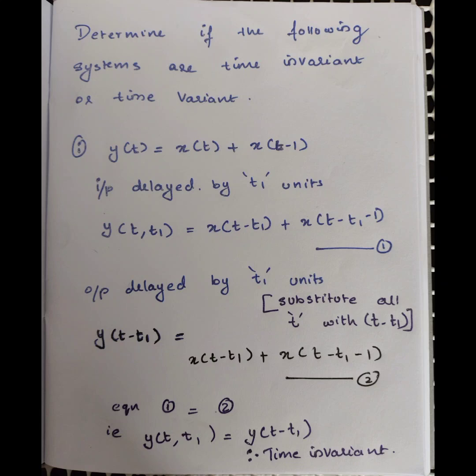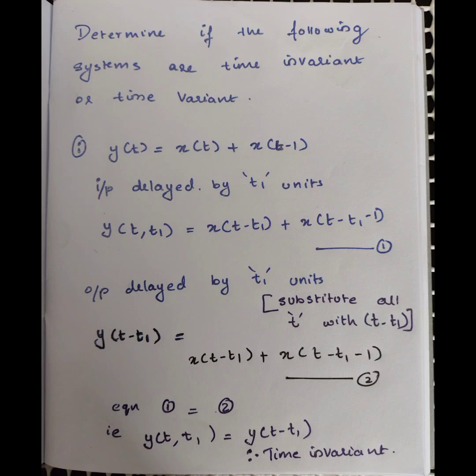Again, the expression is the same. So equation 2 is equal to equation 1, that is y of t comma t1 is equal to y of t minus t1. That is, for delaying the input signal by t1 units and for delaying the output signal by t1 units, both the expressions are the same. So the system is time invariant.